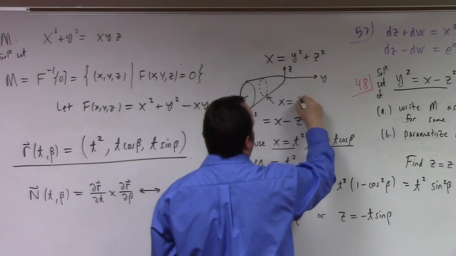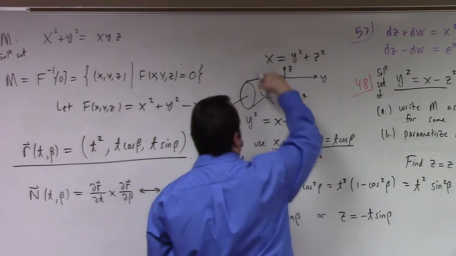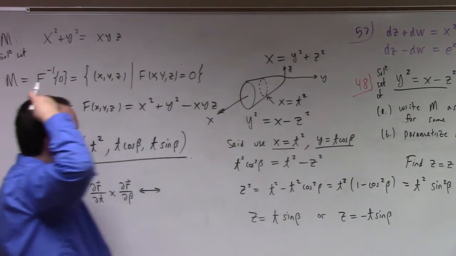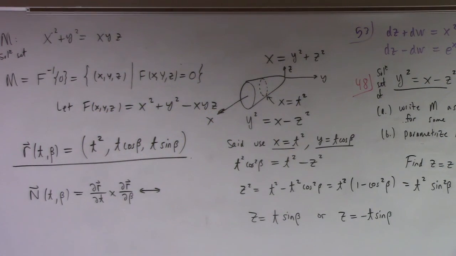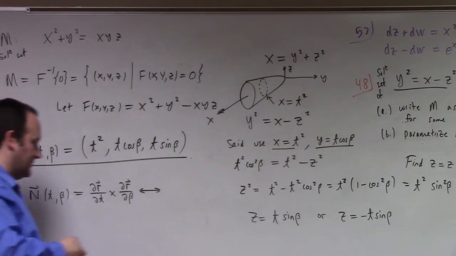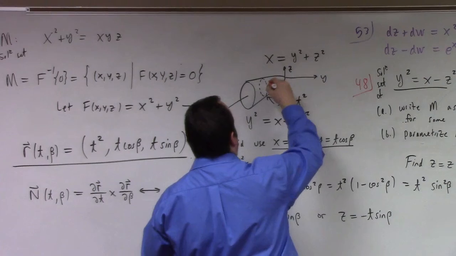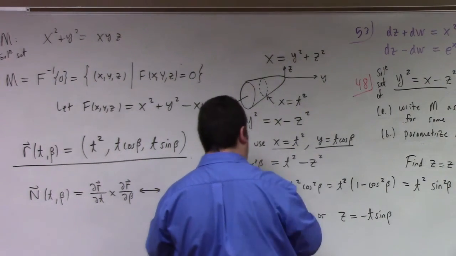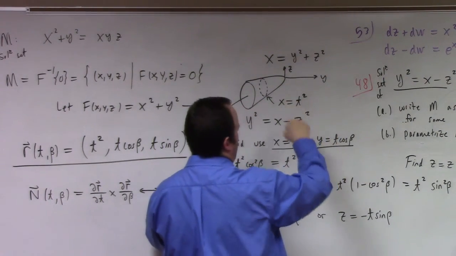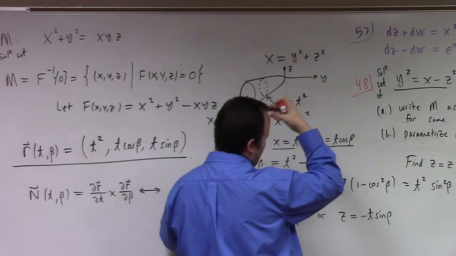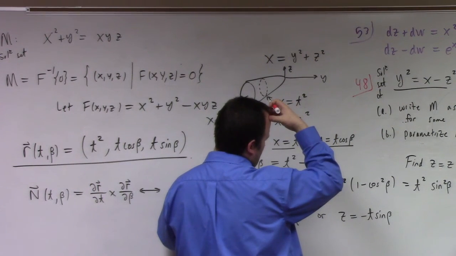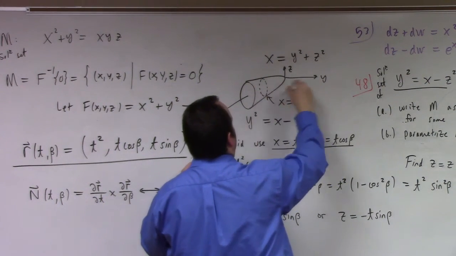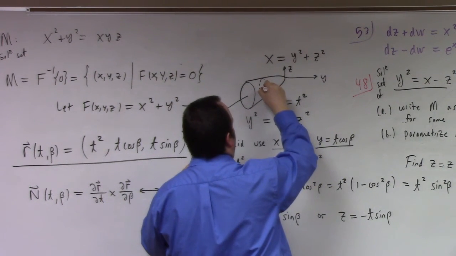So that's the x equals t squared circle, and on that circle your choice of beta will swing you around and pick a point. That's how the parameterization is working. Y equals t cosine beta, so beta equal to 0 is right there.